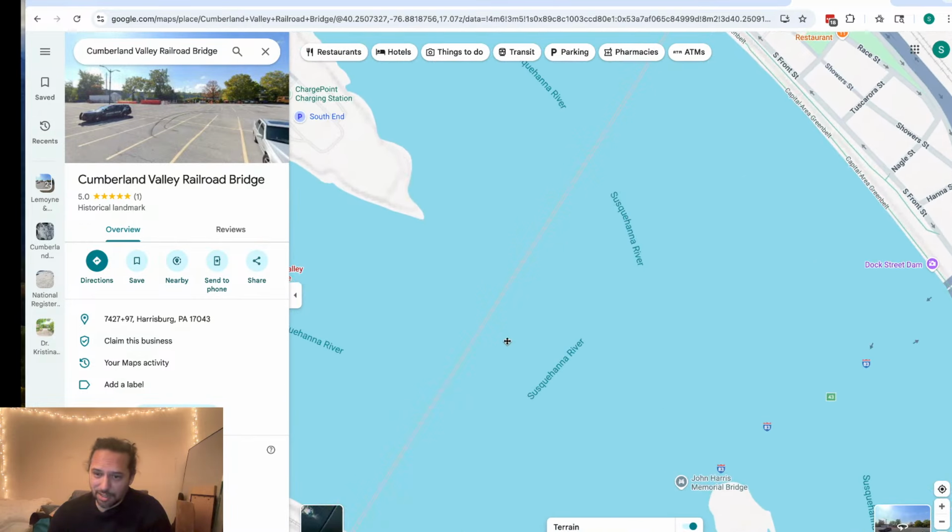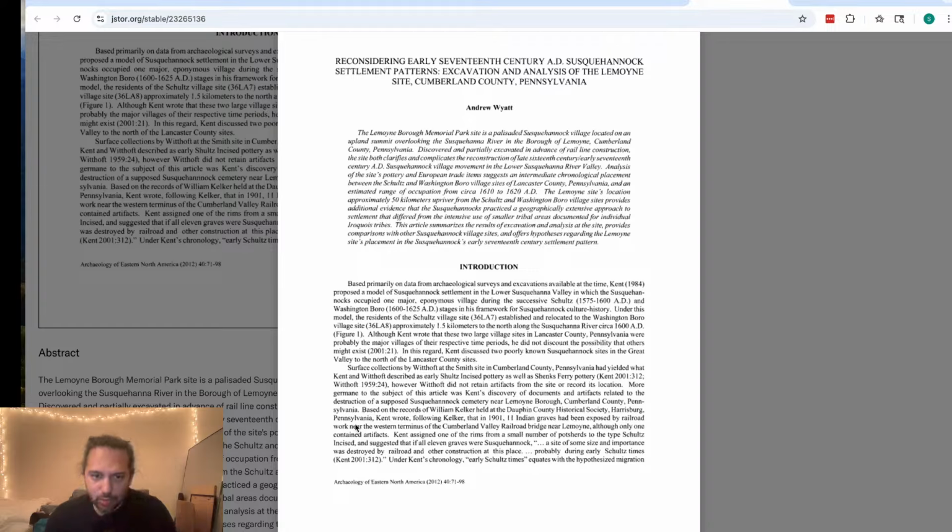So, looks like they were talking about this park. When they were building, it says, work 11 Indian graves had been exposed by railroad work near the western terminus of the Cumberland Valley Railroad Bridge near Lemoyne.